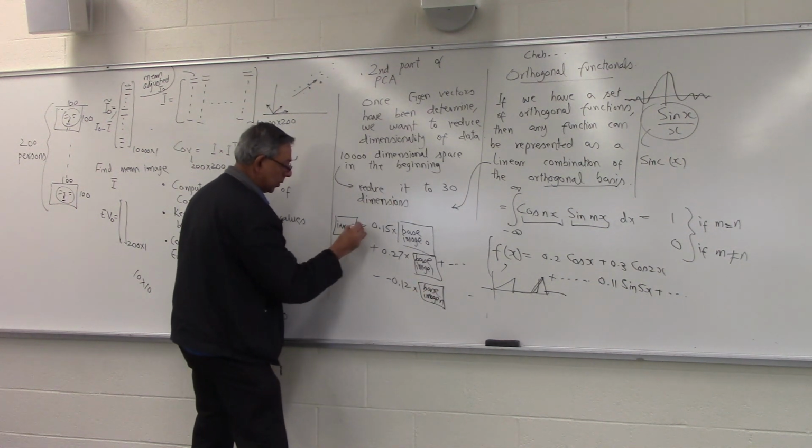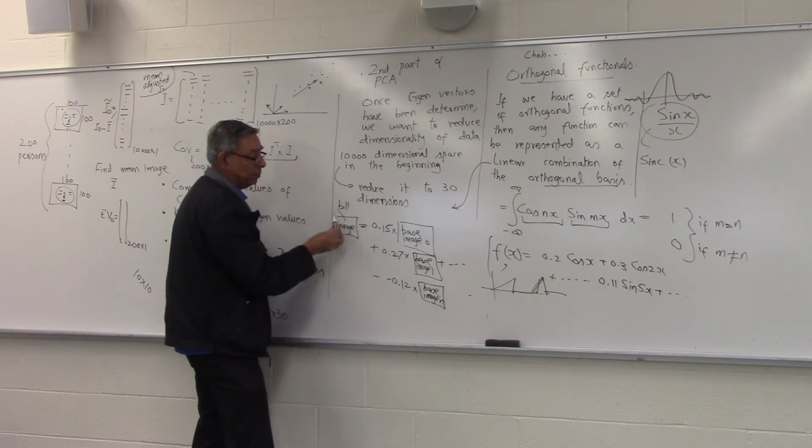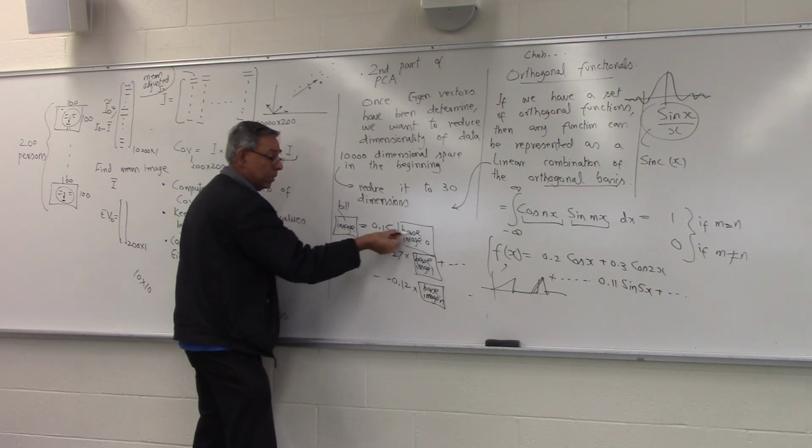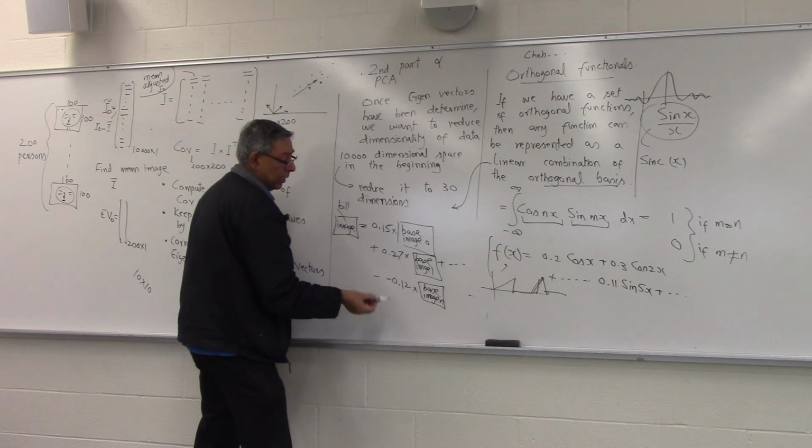So, for example, if this is a picture of Bill, it could be represented by multiplying by some coefficients if we have these base images, right?